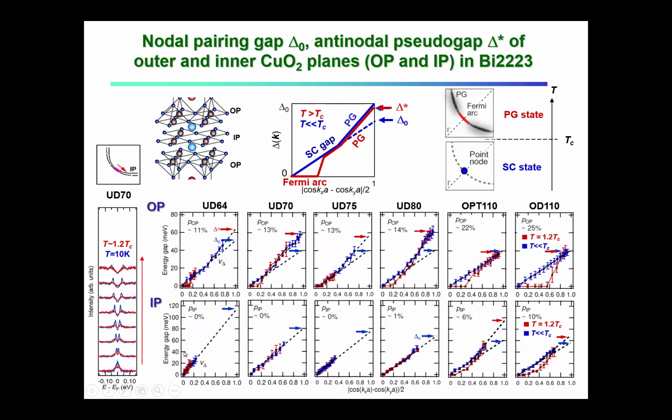Also, you can see that above TC, the Fermi arc develops in the outer layer, but in the inner layer of the underdoped sample, you don't see a Fermi arc. Well, the Fermi arc is very, very tiny. So let's look closely at this particular composition, the inner plane spectra.